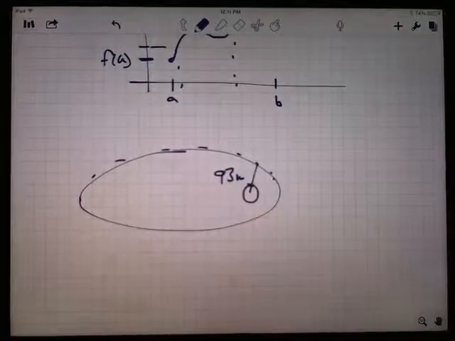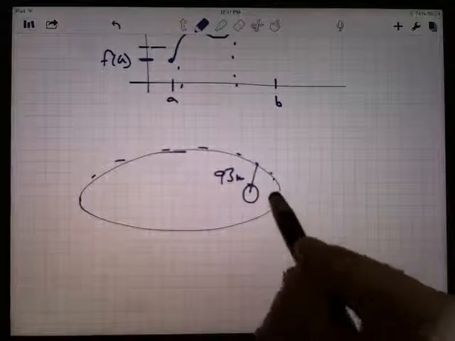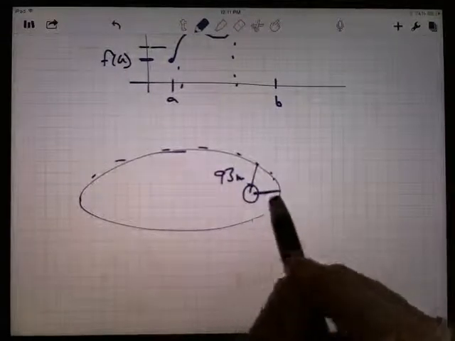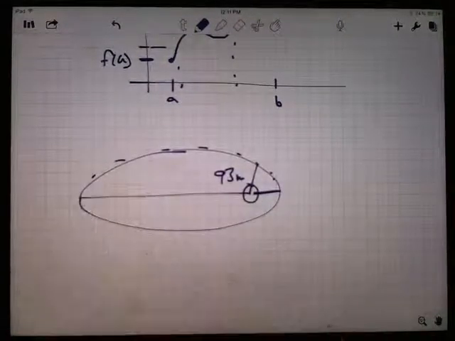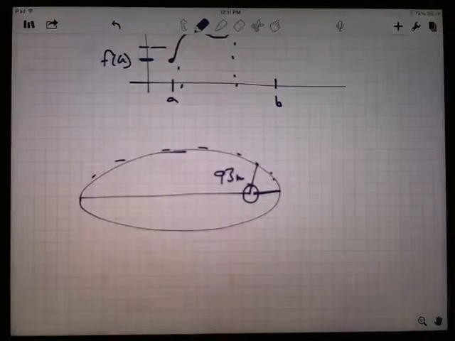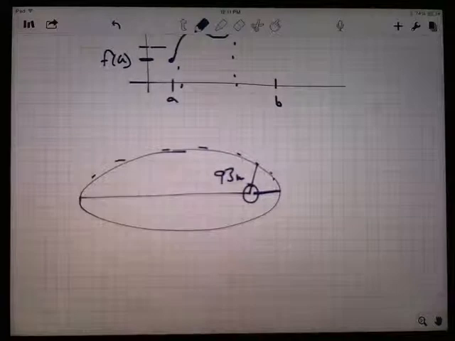That sometimes the Earth is actually closer than 93 million miles, and sometimes it's further away than 93 million miles.